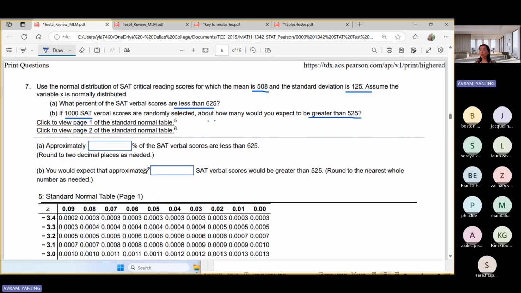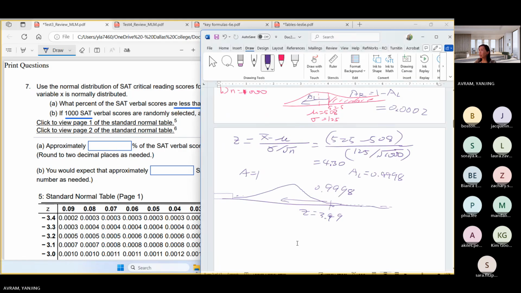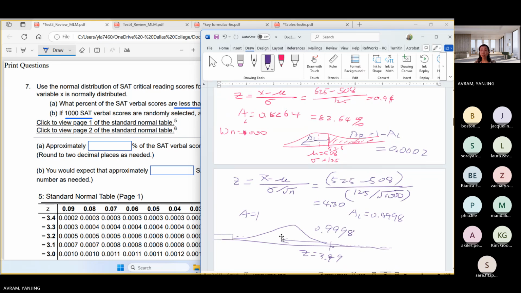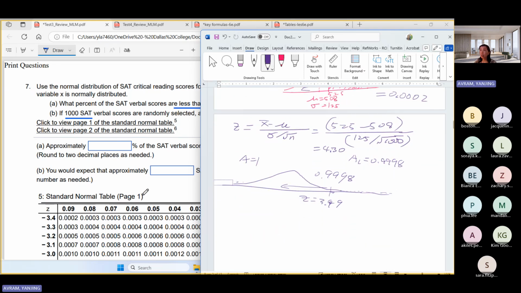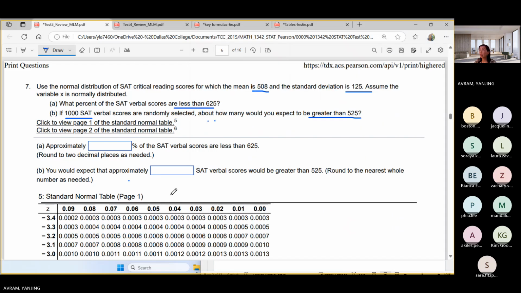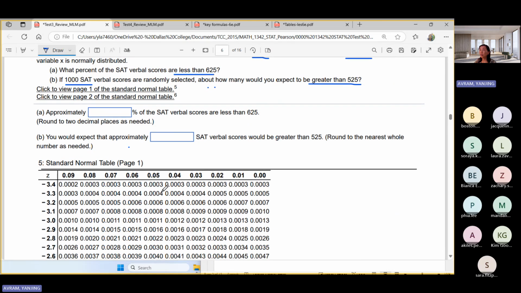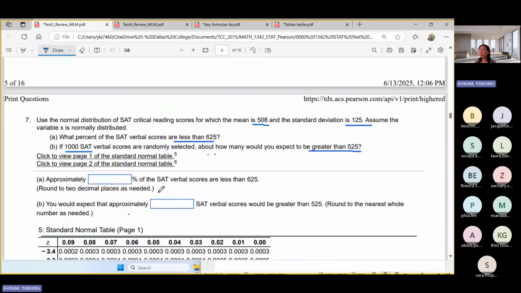Okay, so that is the percentage, okay? The percentage. That's using the percentage in here, right?